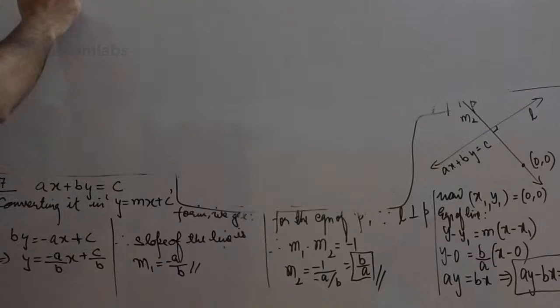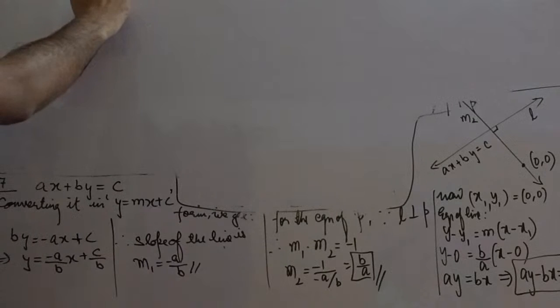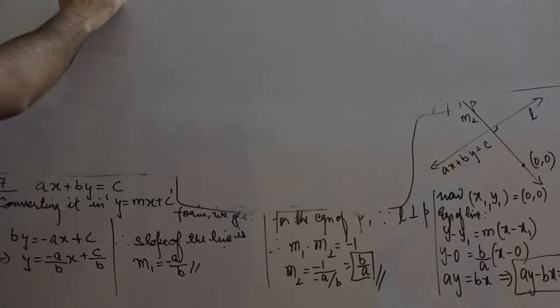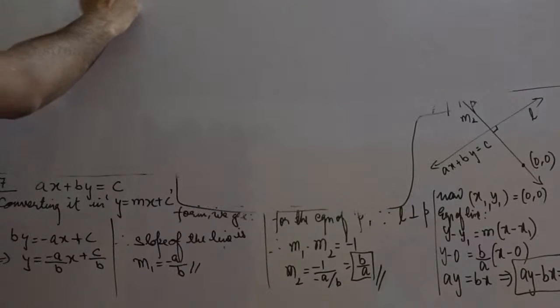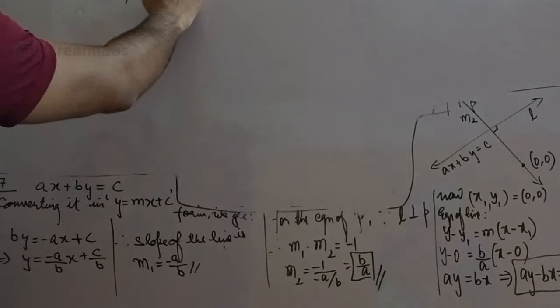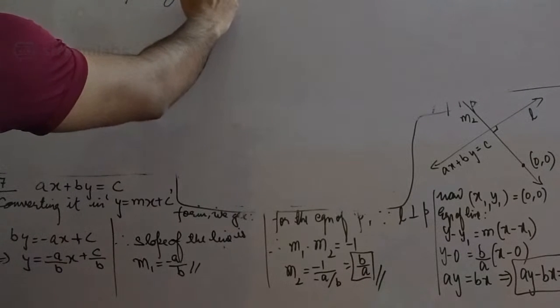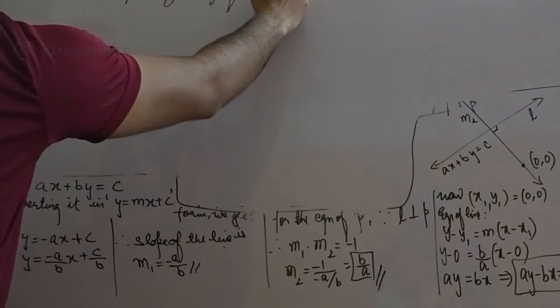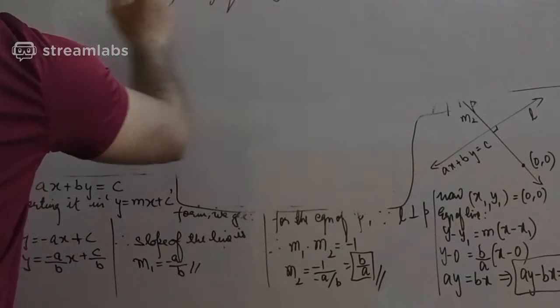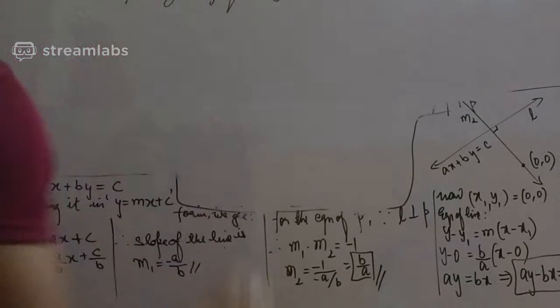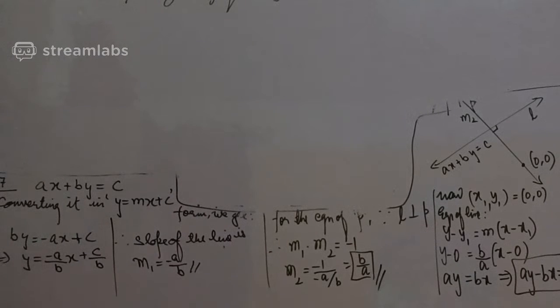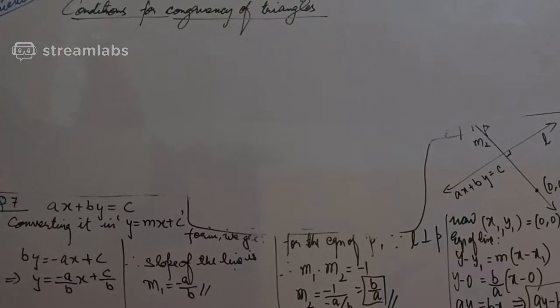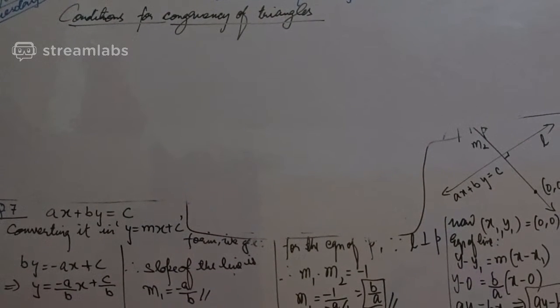So we'll just make a table here: the conditions for congruency of triangles. You can just write it down as a heading. I think it is not visible at the top. So, conditions for congruency of triangles.